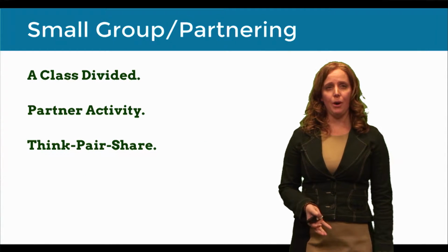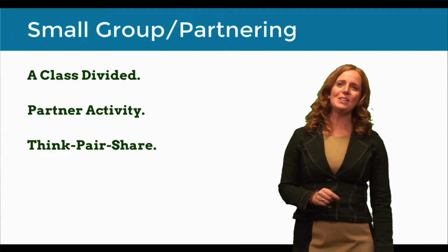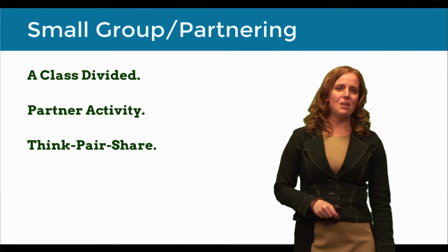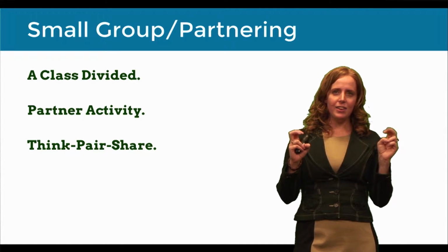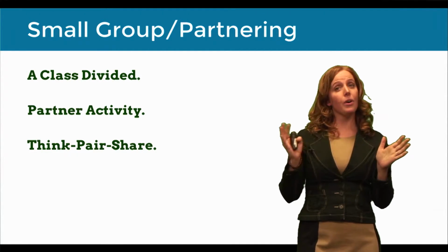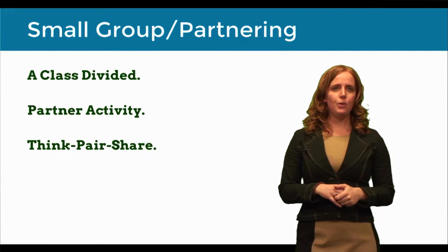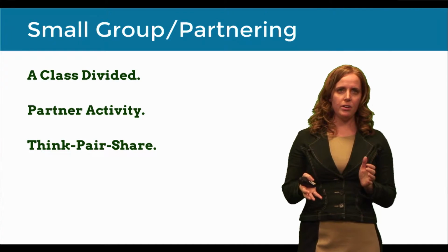For small group and partnering, there are some tricks that you can play on students with 6 degrees of separation. One of them is a class divided. What you're doing is you're creating a timeline and you're keeping the beginning or end event the same on both of the 6 degrees of separation, but you are changing the opposing one, right?